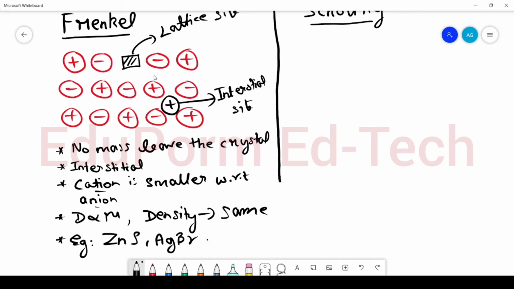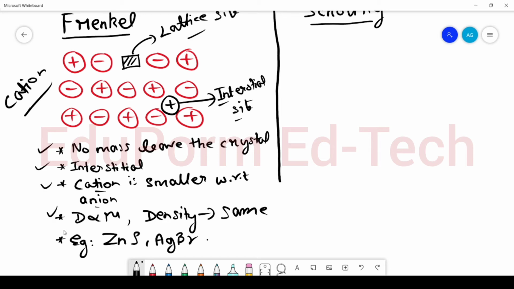So Frenkel defect is a defect in which any of the cations leave the lattice site, that means the site where they should be present, and they occupy the interstitial site, that means the site other than the lattice site within a crystal. Now, as no mass leaves the crystal, there is no change in mass, and it is a type of interstitial defect. It occurs where the cation is smaller with respect to the anion.